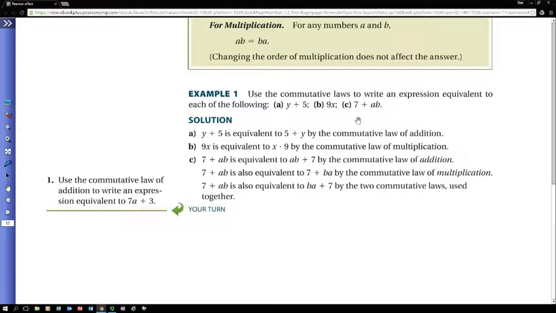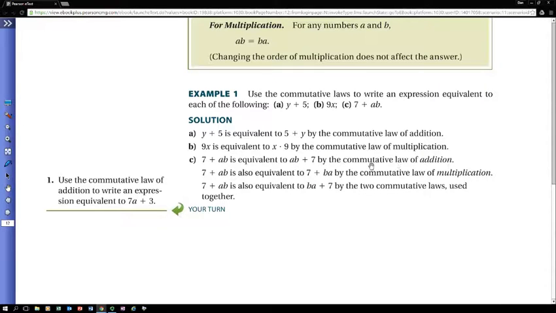Now this next expression has addition in it. It also has multiplication. So if they said use the commutative law of addition, I would only change the order of the addition. So I would switch the order of the addition here. The 7 would move with this ab. This ab is a multiplication going on.